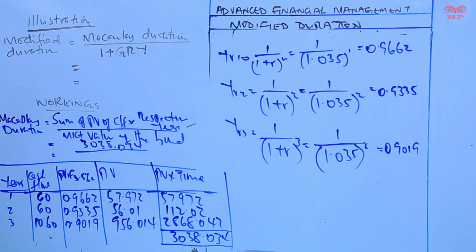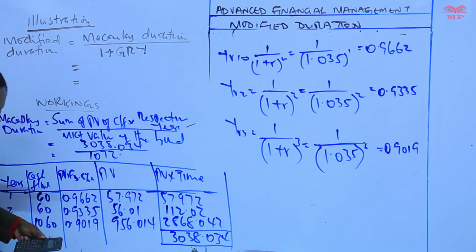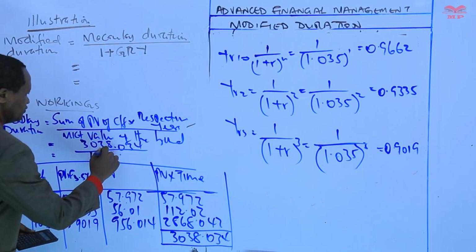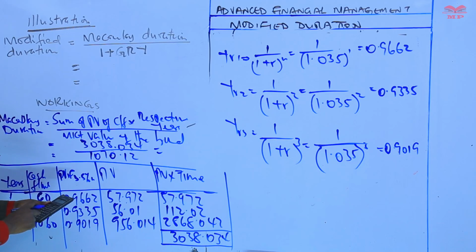From the question, the last sentence reads: the current price of the bond is 1070.12.